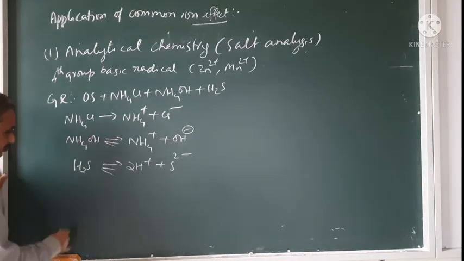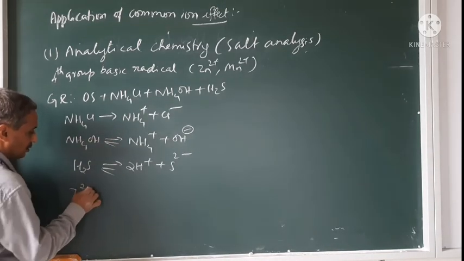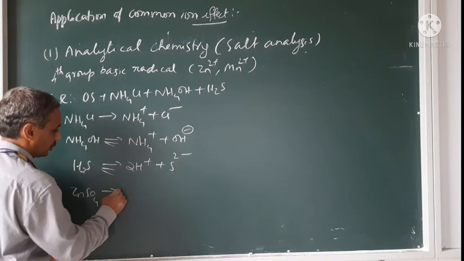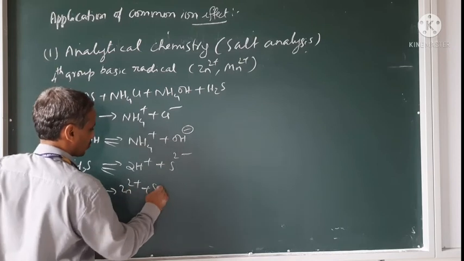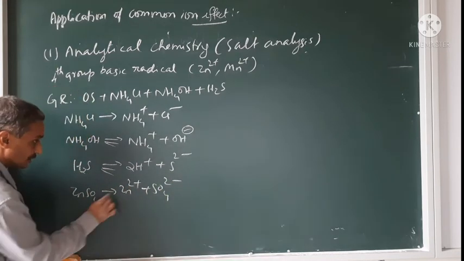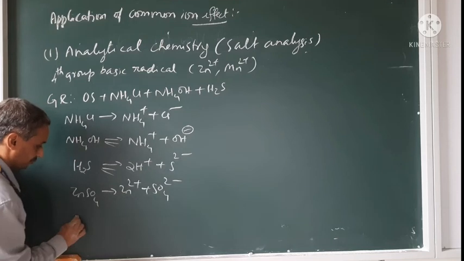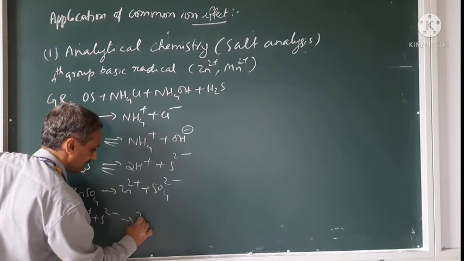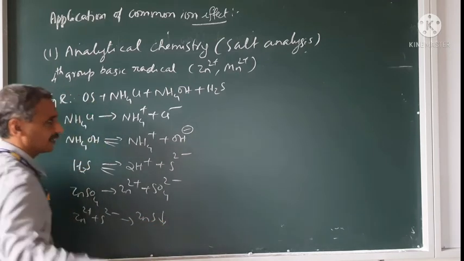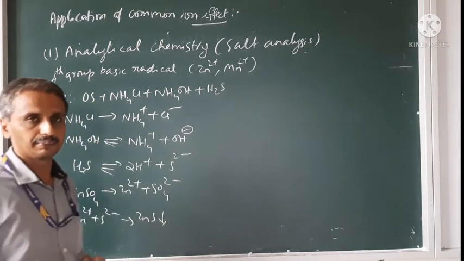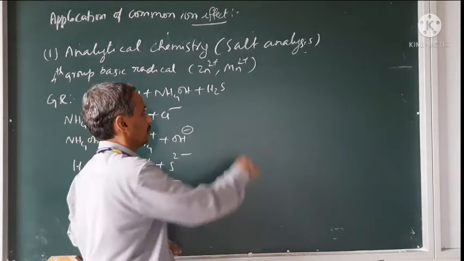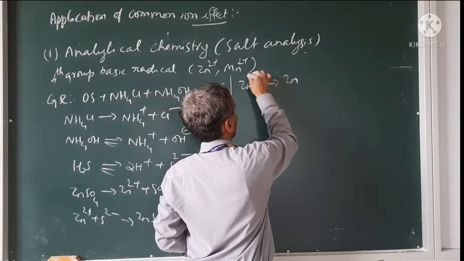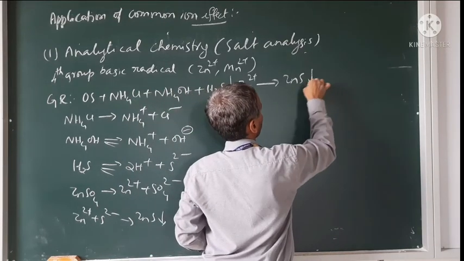In the fourth group, if zinc sulfate is there, it will give zinc 2 plus and sulfate 2 minus ion. This zinc 2 plus reacts with sulfide ion to give zinc sulfide precipitate, a white precipitate. So in the fourth group, zinc is precipitating as zinc sulfide.